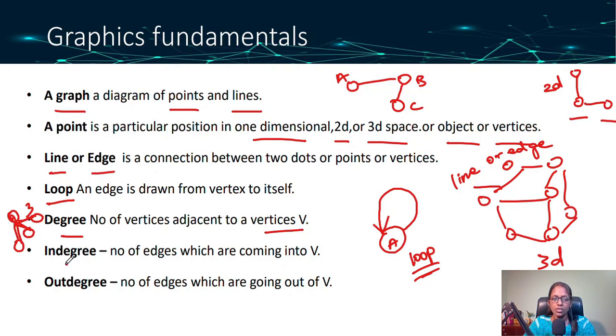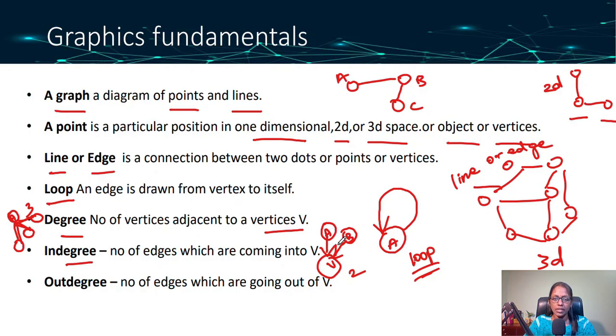The next one is in-degree. In-degree means the number of edges which are coming into V. If V is a vertex, the number of edges coming in, in a direction, is the in-degree. Here one direction is there. If I put two directions, the in-degree is 2.